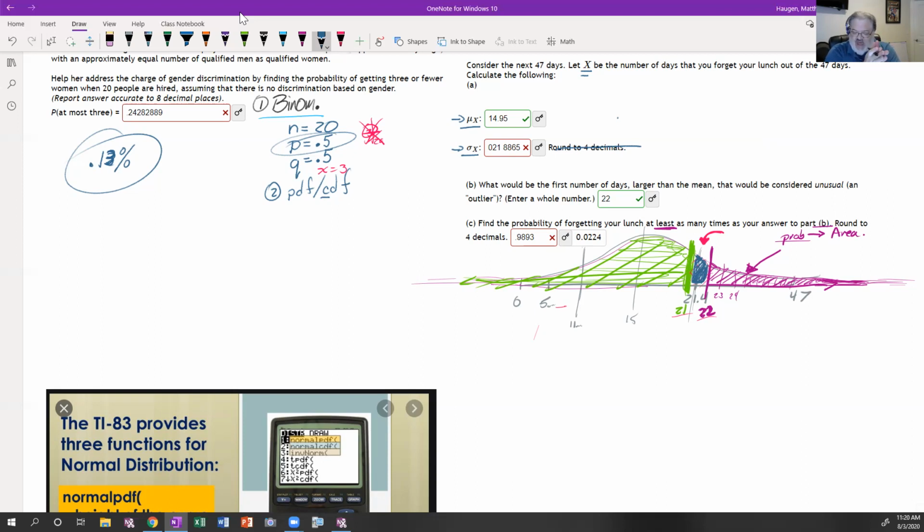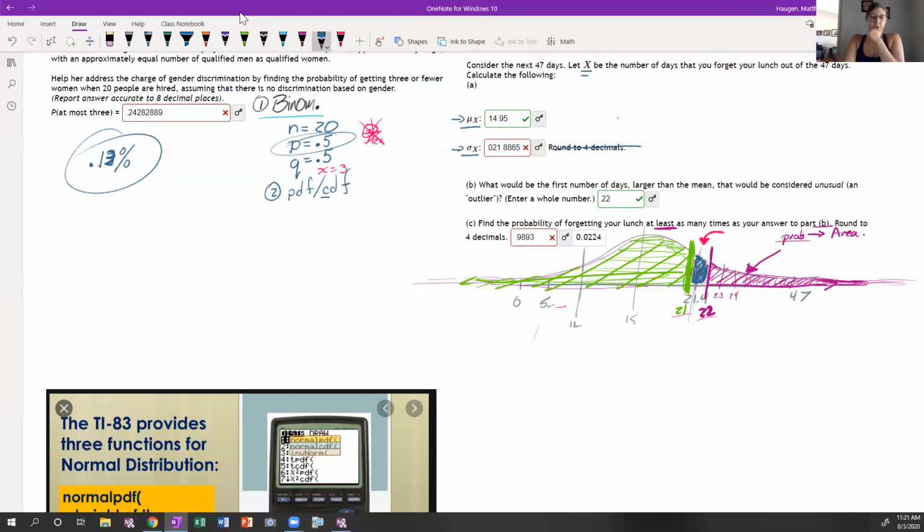This idea of having to look a full whole number down and a full whole number up is specific to this being a discrete distribution. Fair? When we get into chapter 7 and we're looking at continuous distributions, we stop doing that. I'll show you that when we get there, but be careful about that.